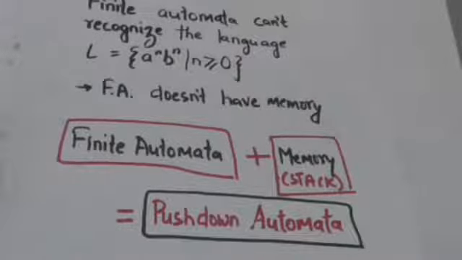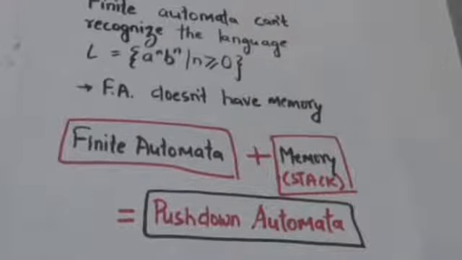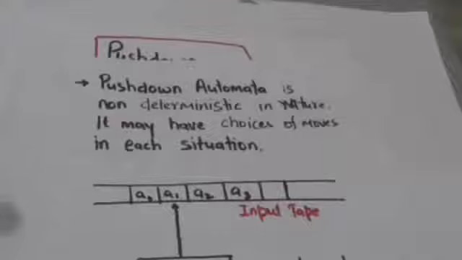So when we add a stack to a finite automata, we get a new machine called pushdown automata, right? See, pushdown automata is non-deterministic in nature. It is like NFA. It may have choices of moves in each situation.